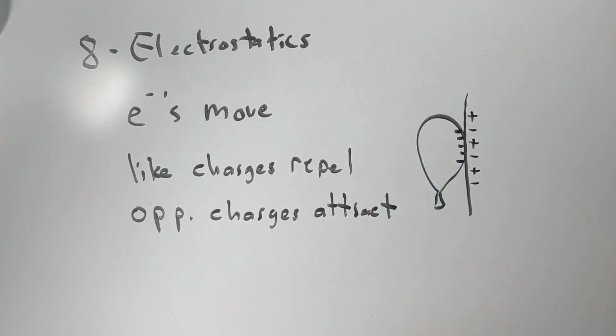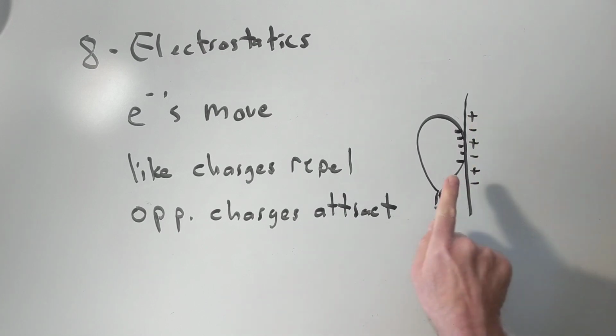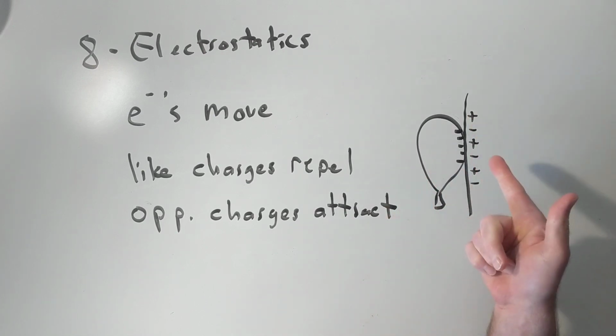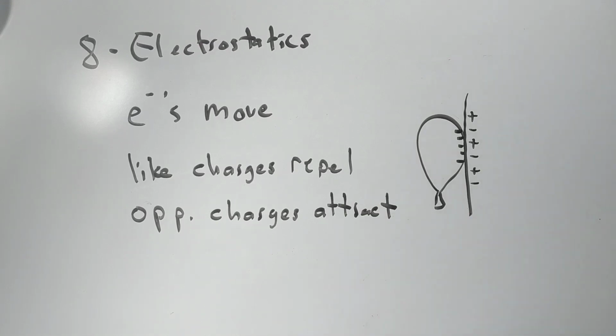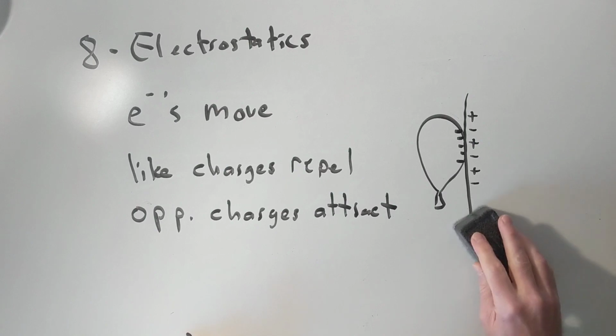So even though like charges repel and opposite charges attract, be careful with induction effects. You can have things that are induced charged. For instance, negatives can attract to neutral objects, and so can positives as well. So there are a few basic rules in the beginning.